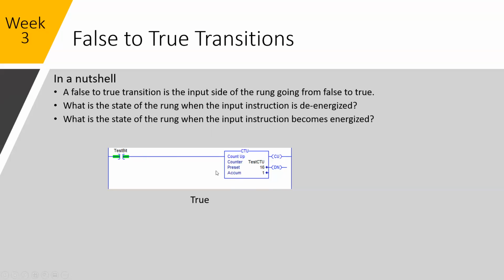And then this will continue to accumulate. So just because this is 16 doesn't mean it'll stop accumulating. You can accumulate 10,000 in here if you want, but once the accumulator is greater than or equal to the preset, the done bit is true.